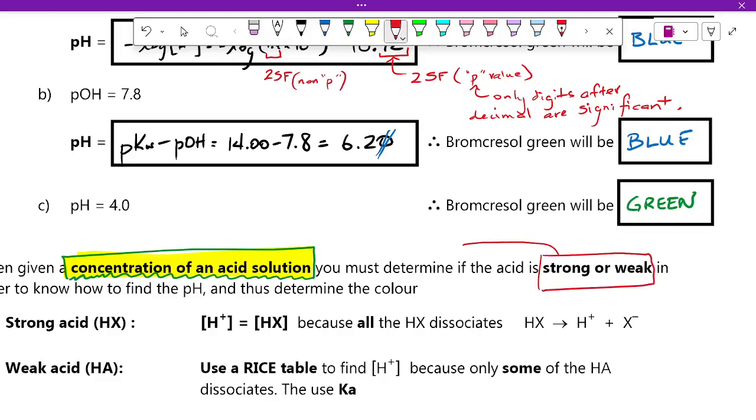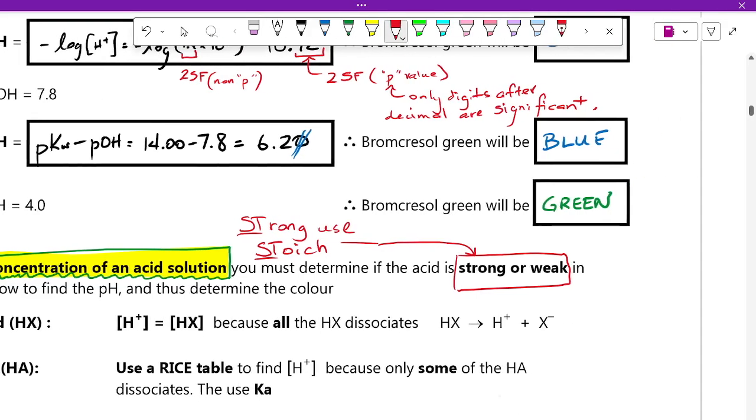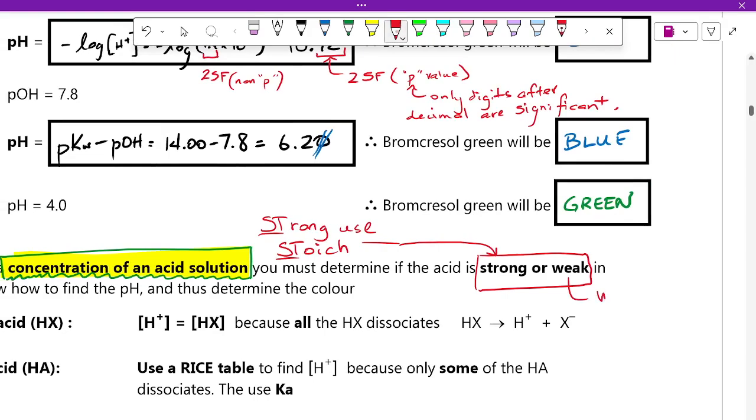If it is strong, we use stoichiometry. If it is weak, we use a RICE table and Ka.